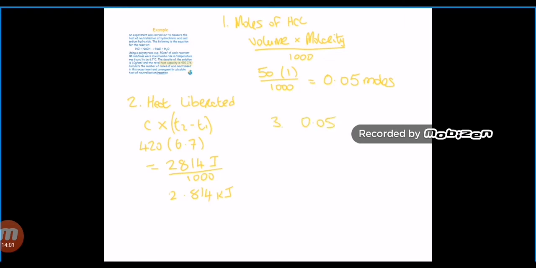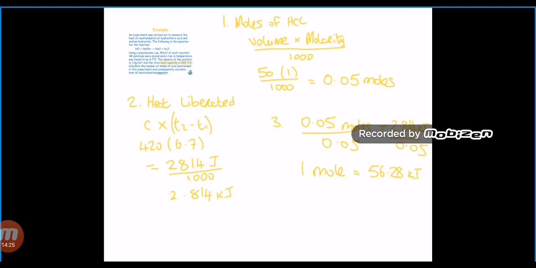So 0.05 moles is equal to the 2.814 kilojoules. So to find what 1 mole is, you divide both sides by 0.05 and you get that 1 mole is equal to 56.28 kilojoules per mole.